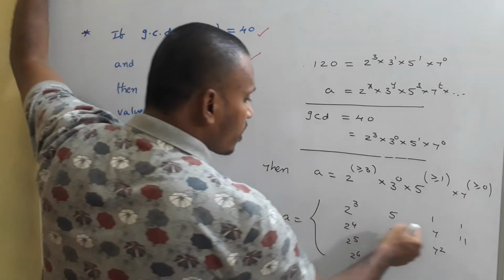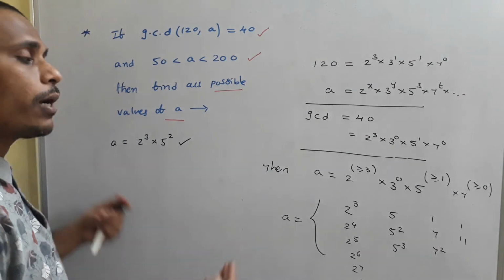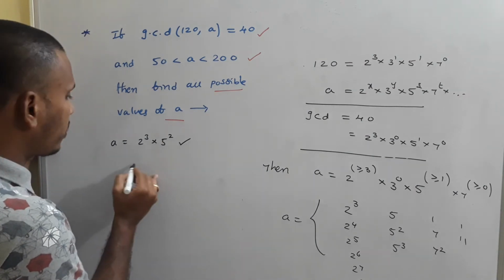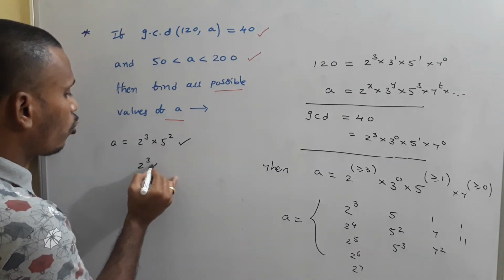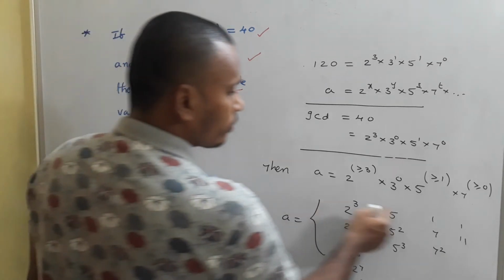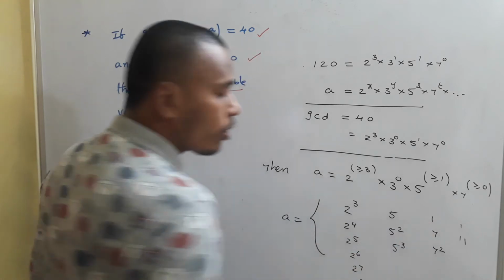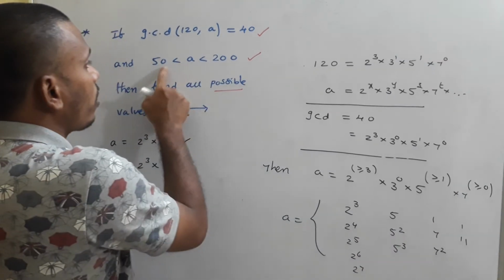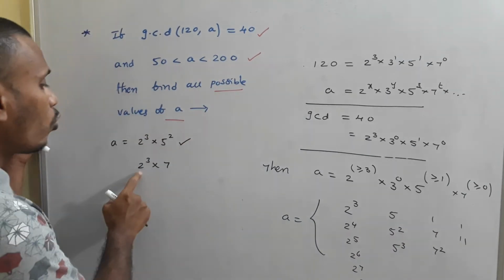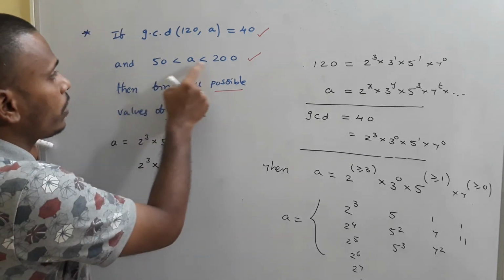No need to go for 7 because if you multiply with 7 it becomes more than 200. The next thing, 2 cube into 7 is a possibility. 8 sevens. 2 cube into 1 is also a possibility, but that 2 cube is not in between 50 and 200. But 2 cube into 7 is 56, which is in between 50 and 200.